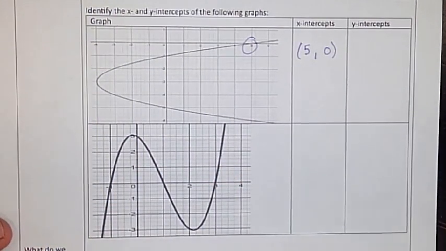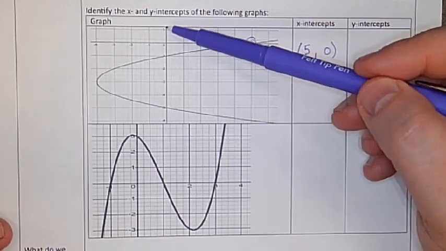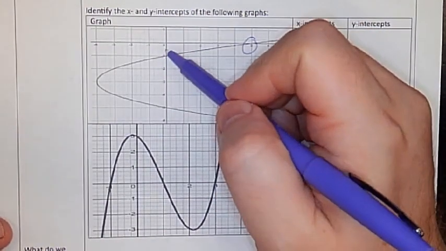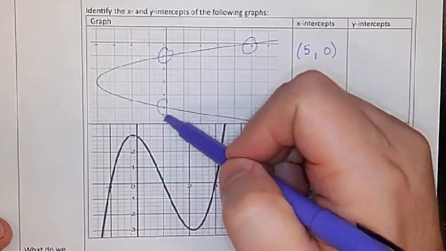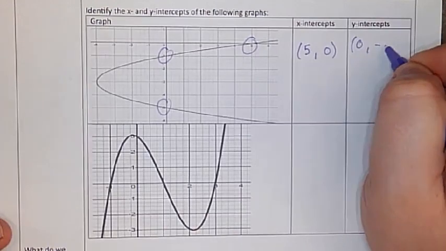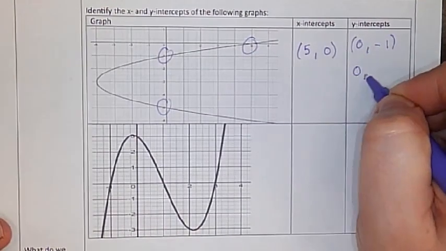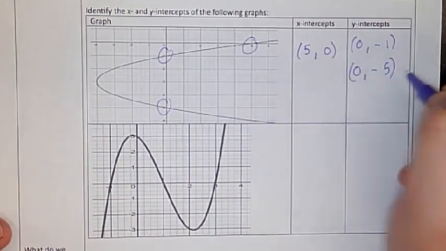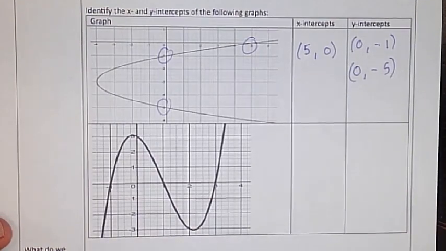When I look at y-intercepts, I'm going to do the same thing, except I'm going to look down the y-axis. I will notice that it crosses here and here. So my y-intercepts will be (0, -1) and (0, -5). So there are two y-intercepts for this graph.